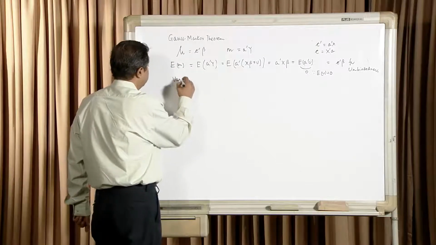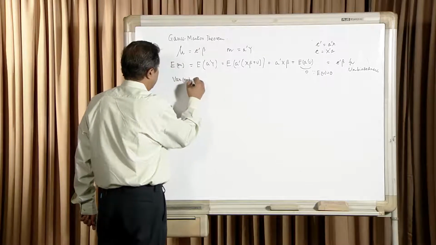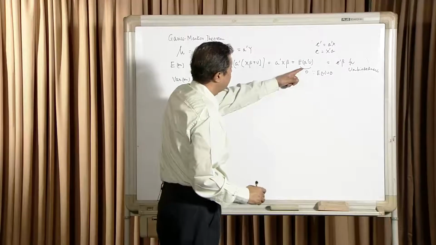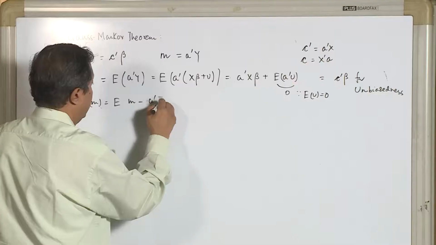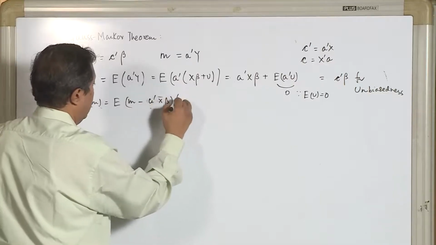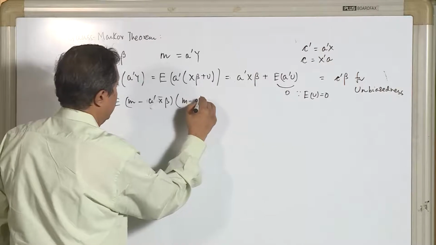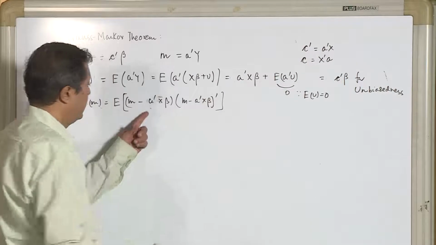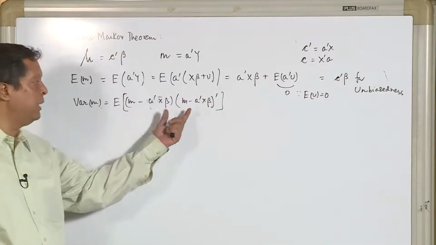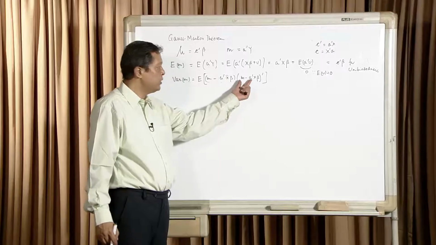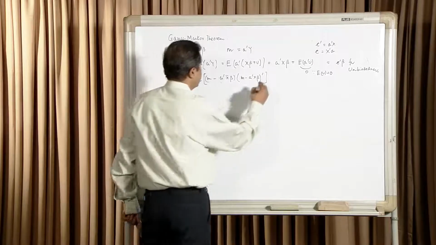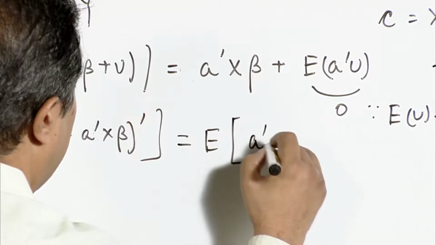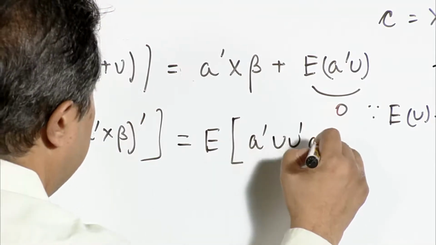What about the variance of m? The variance of m is given as the expectation of (m minus a prime x beta) times (m minus a prime x beta) prime, because these are scalars. So, the square means we can multiply with the transpose, because this is a scalar, which is equal to the expectation of a prime u u prime a.